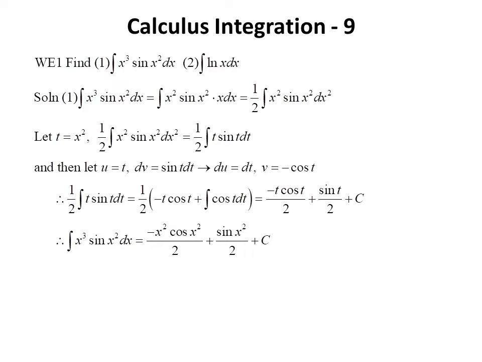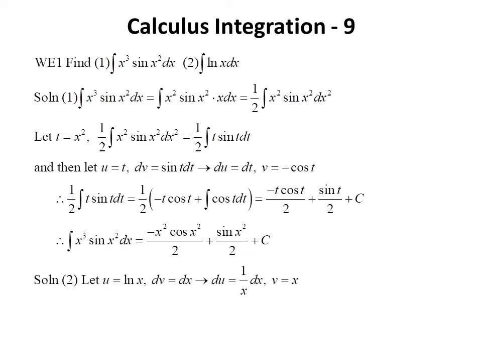After substituting x squared for t, we have the general solution for the antiderivative, which equals negative x squared cos of x squared over 2 plus sine of x squared over 2 plus c.